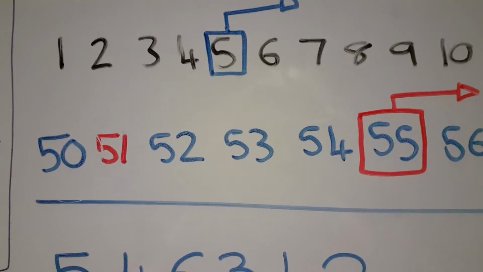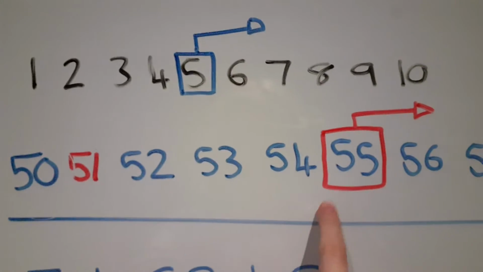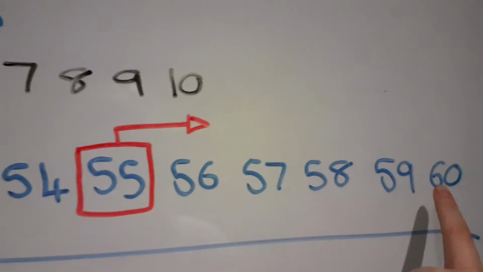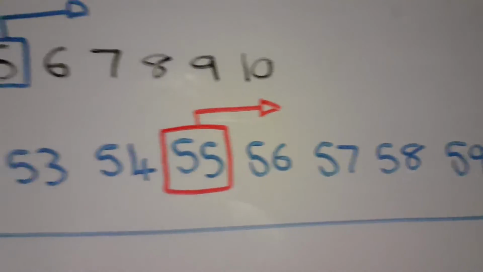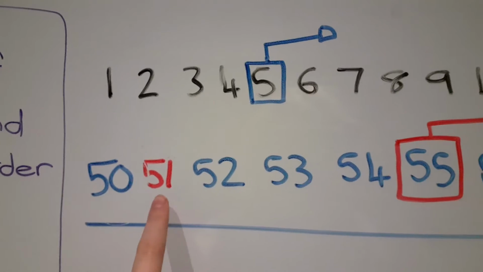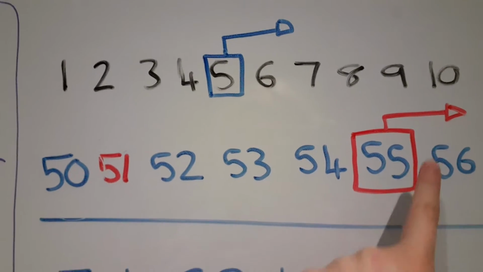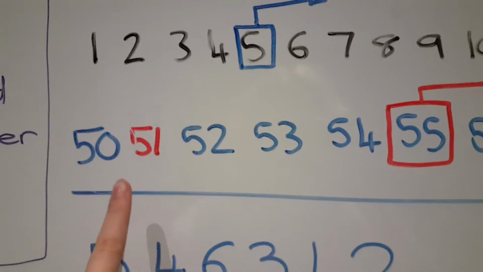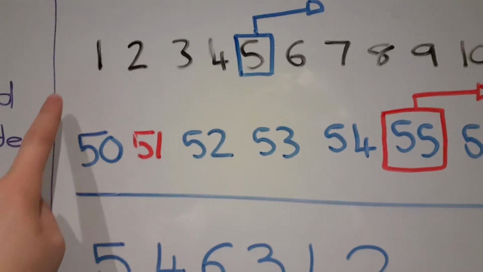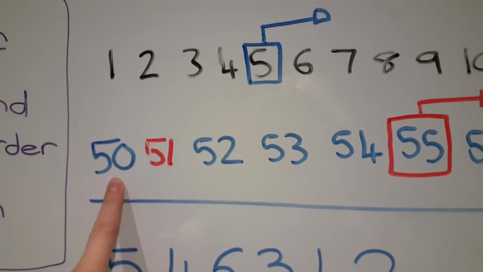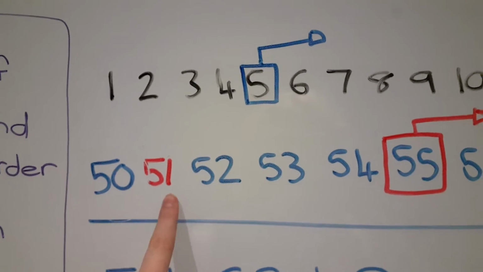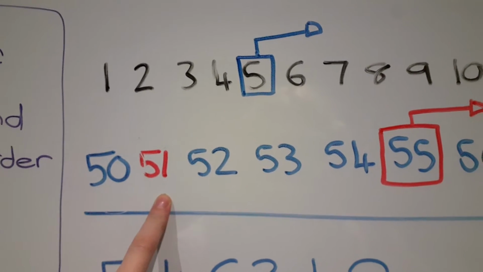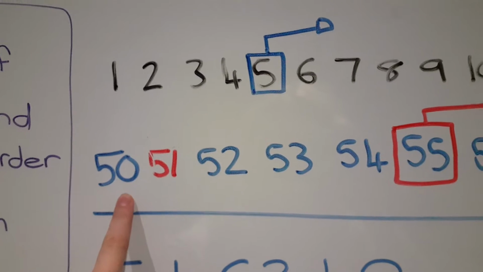But as you can see, 55 is when we start going up to 60. But 51 is nowhere near 55. It's not near the 5. So 51 will go down to 50. So if we round 51 to the nearest 10, the answer will be 50.